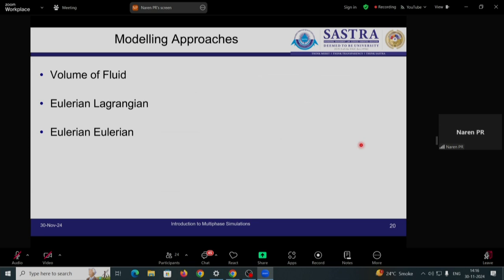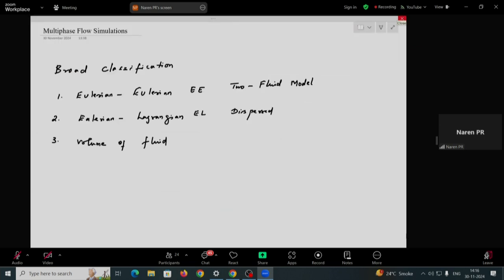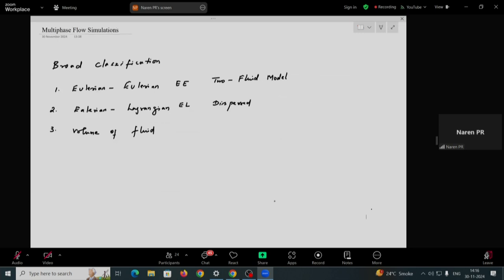With this, what we broadly have in the modeling of multi-phase flow is volume of fluid, Eulerian-Lagrangian, and Eulerian systems. So we broadly have three types of modeling patterns. One is the Eulerian, which is also called the two-fluid model.